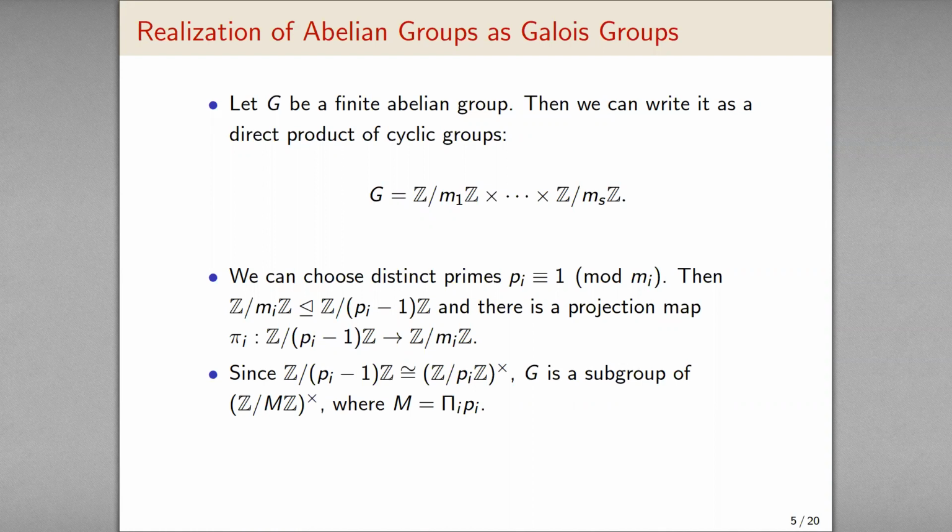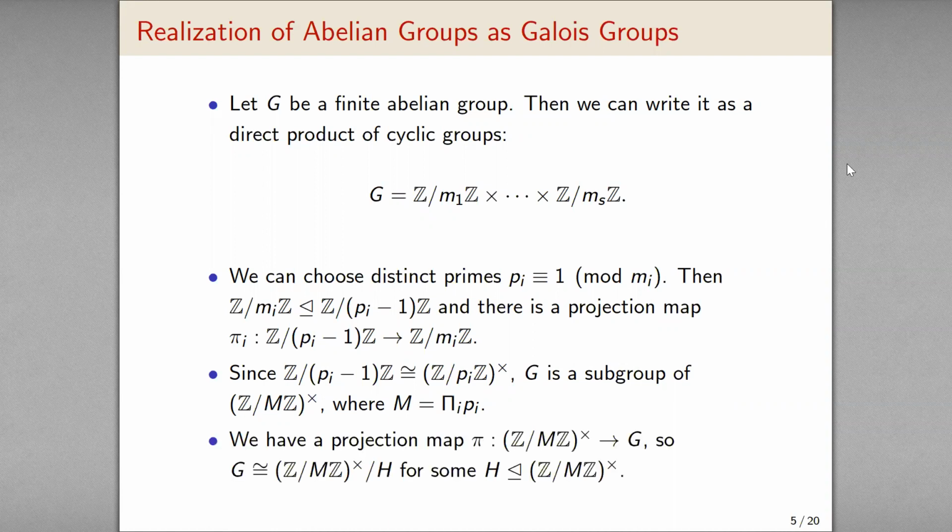Since these Pi are distinct primes, we can use the Chinese remainder theorem to claim that the product of all (Z over PiZ) stars is isomorphic to (Z over MZ) star, where M is the product of all Pi. And since we had a projection map for each i, when we take the direct product, we get a projection map from (Z over MZ) star to the group G. So by the first isomorphism theorem, G is isomorphic to (Z over MZ) star over H for some normal subgroup H.